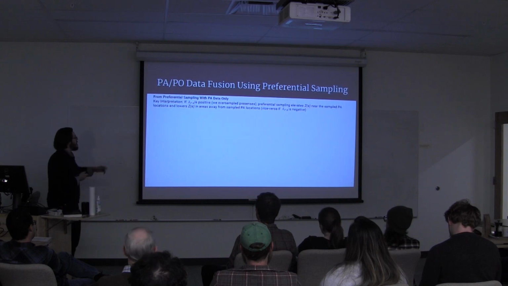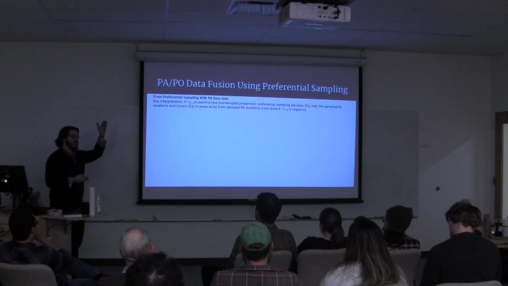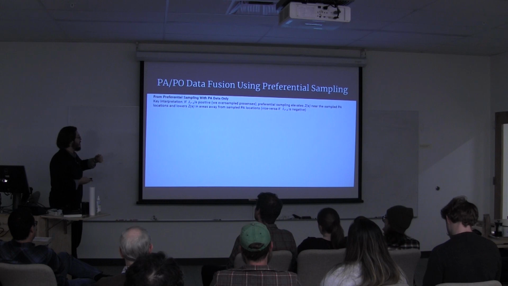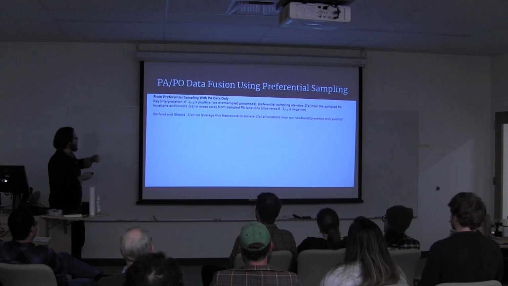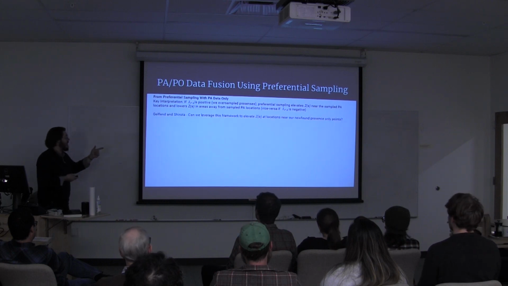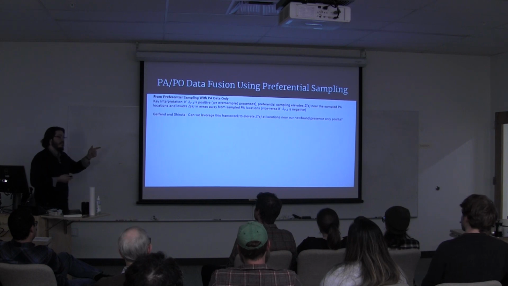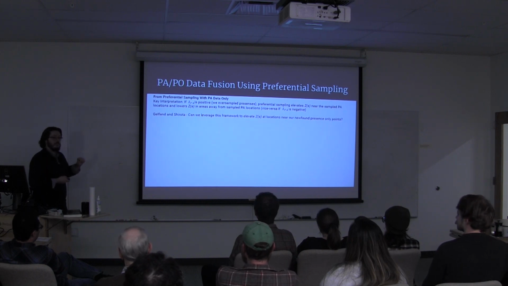Now, keeping in mind that idea that delta elevates the surface at areas near where we've sampled, Gelfand and Schroeder asked, can we leverage this framework to elevate that response surface near these newfound presence-only points?